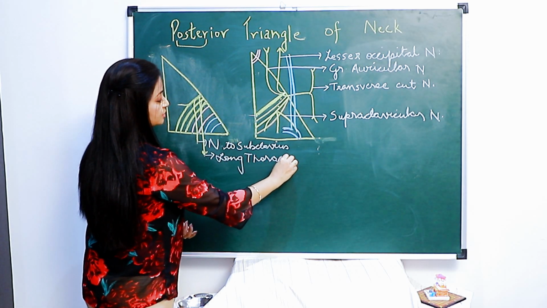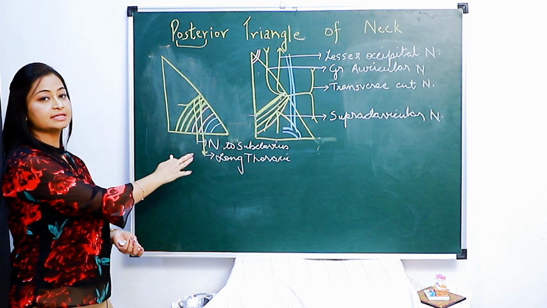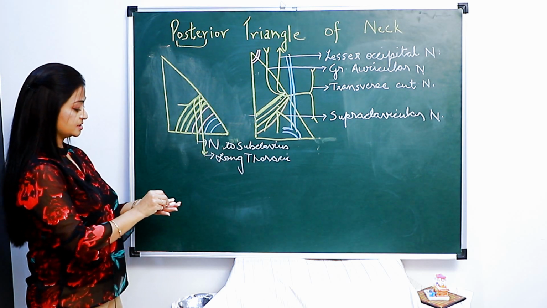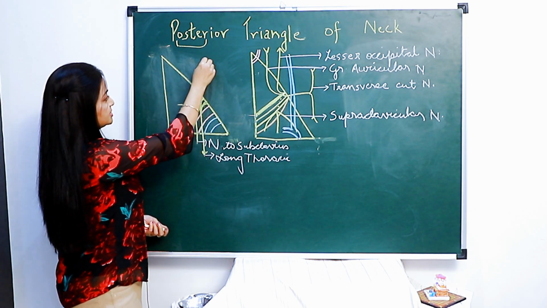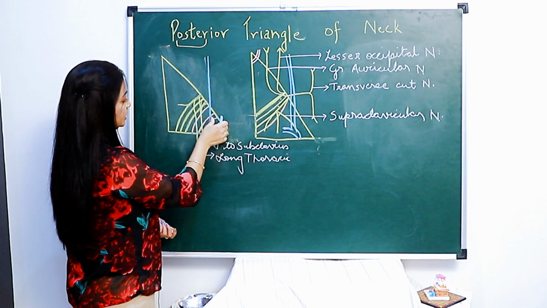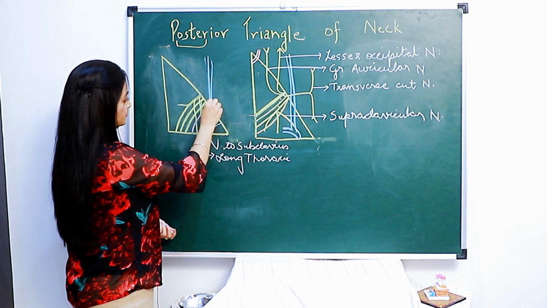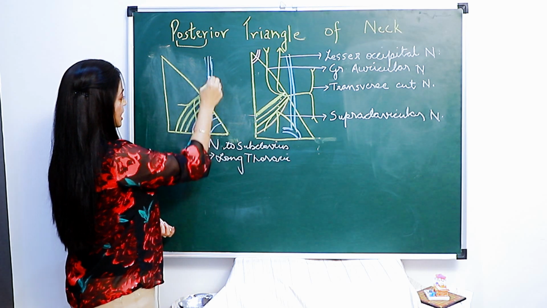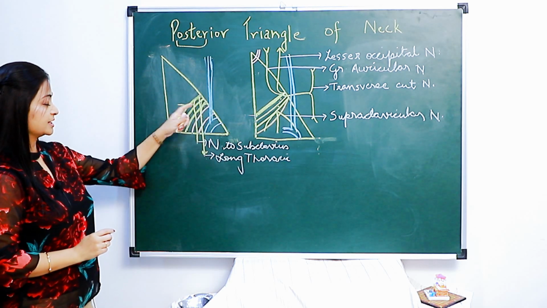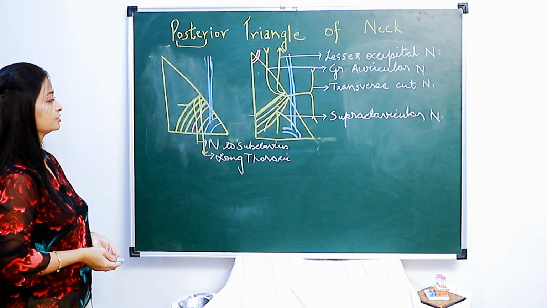These were the branches from the brachial plexus that occupied this region. Now, we have already seen that this is the external jugular vein, which will terminate into the subclavian vein, and certain tributaries of the external jugular vein are seen over here.